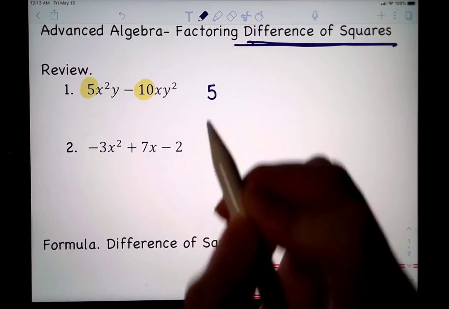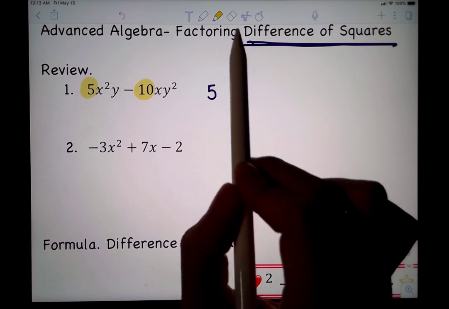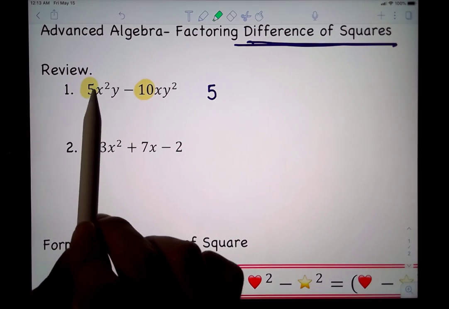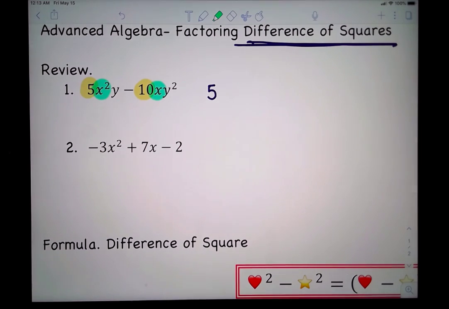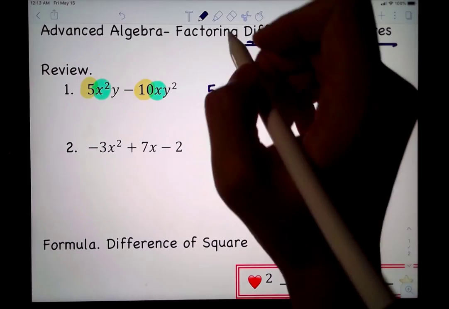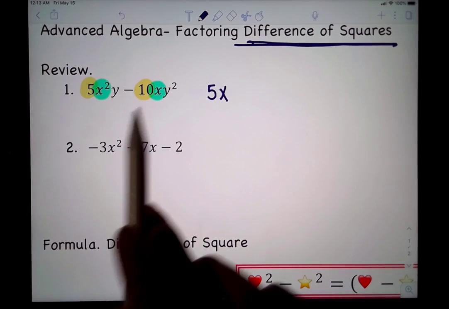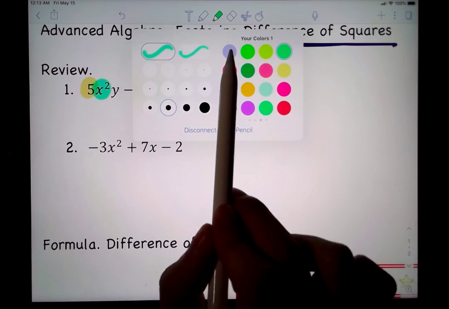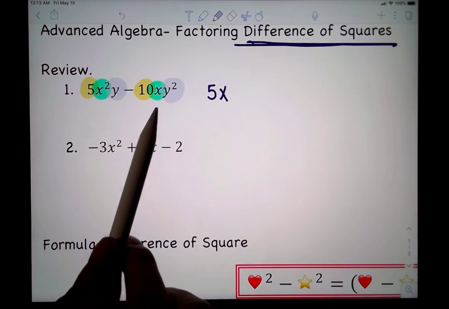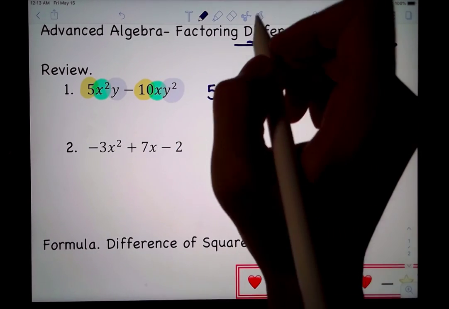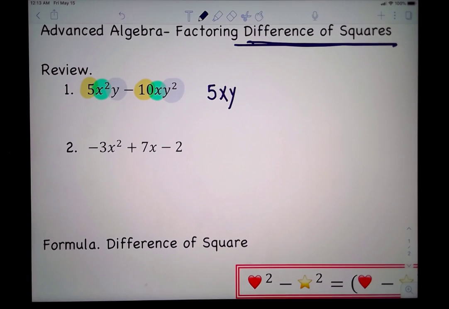For the x values, x squared and x, the common factor is x. For y, that's y and y squared, so the common factor is y. So 5xy is my GCF.